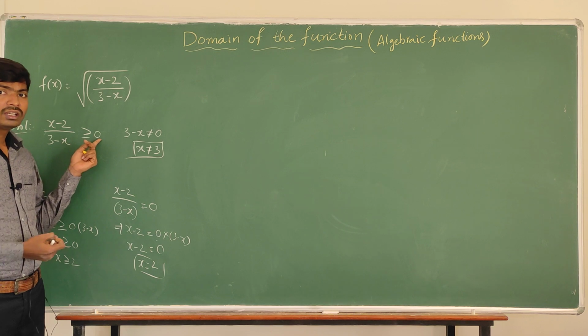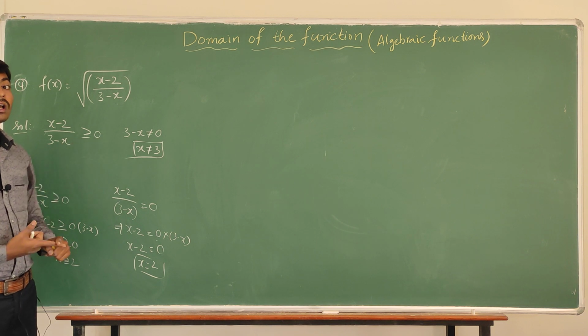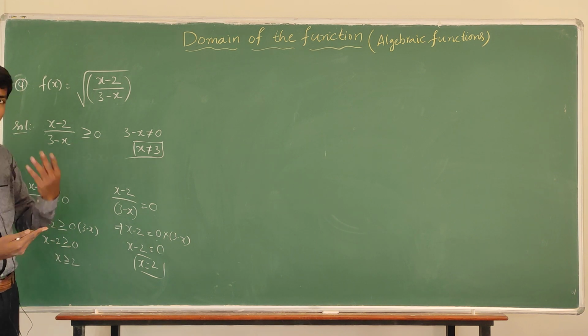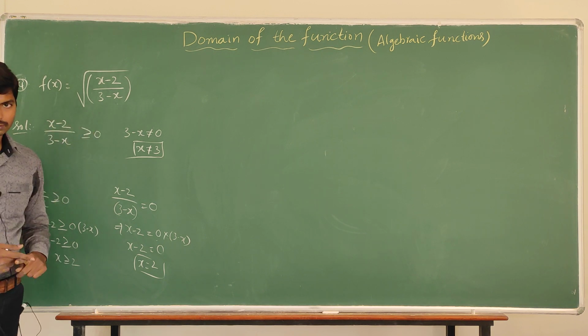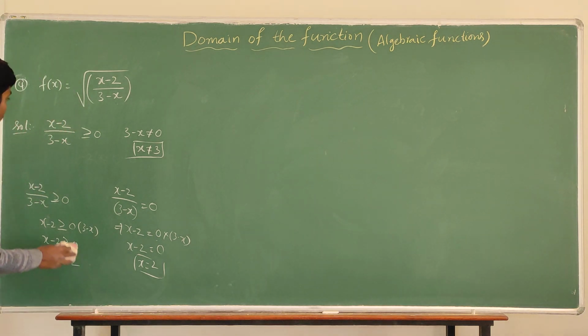While solving an inequality, if you multiply by a negative number, then the sign of the inequality will change. Here I don't know whether it is positive or negative, so that's why I should not transpose the denominator to the other side. Now, how to solve this inequality?